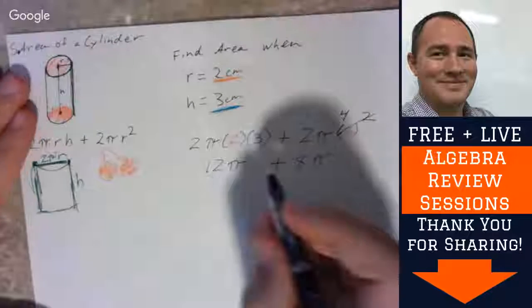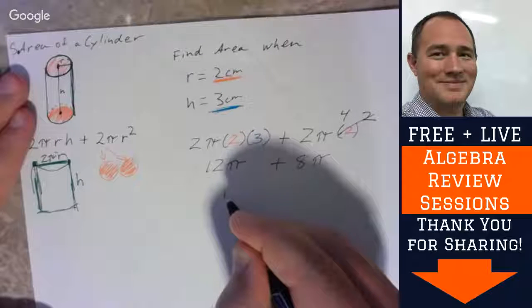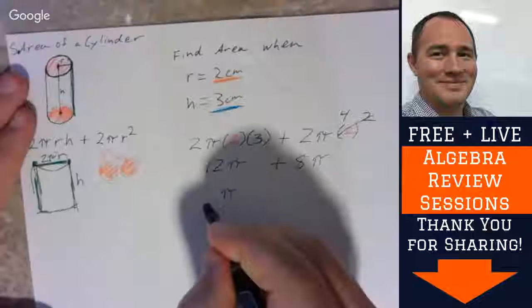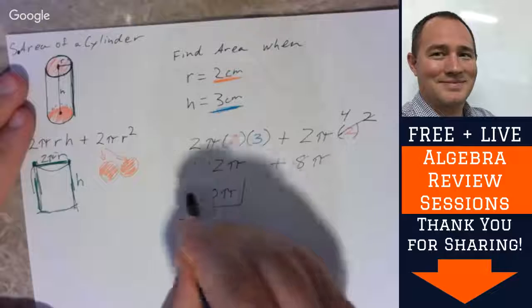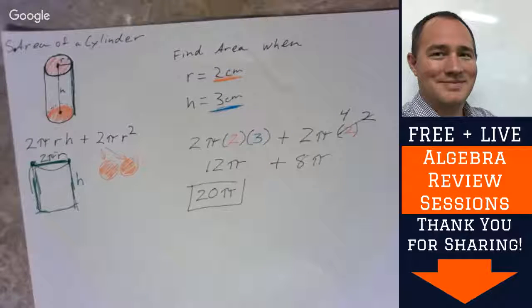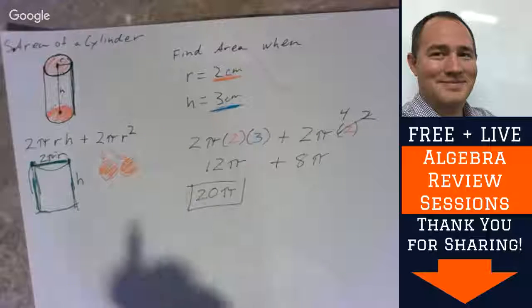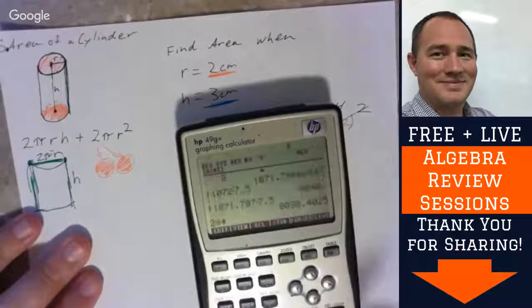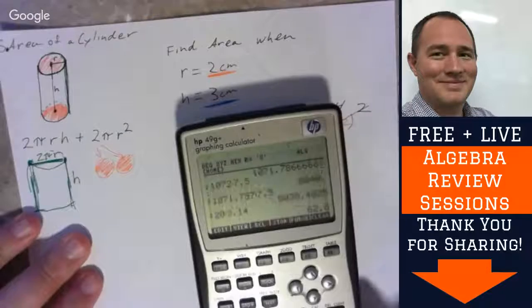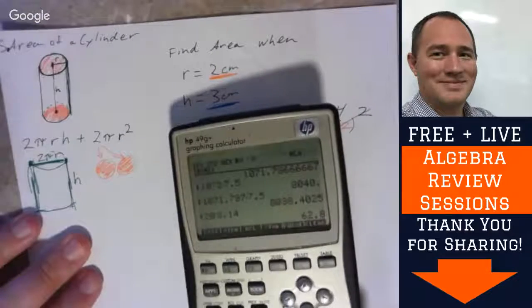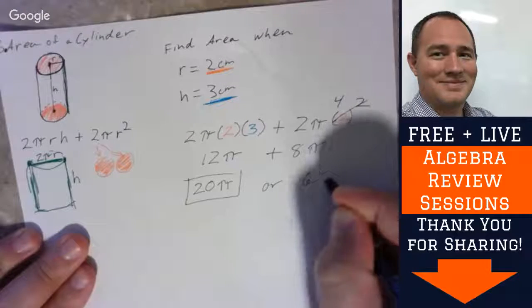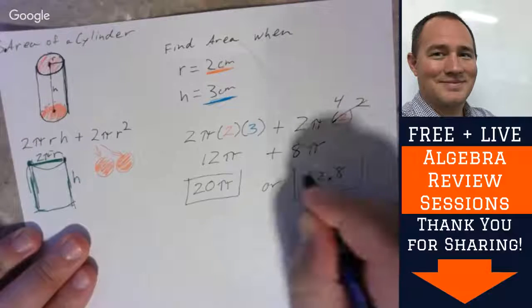Those go together and become how many pi's? 12 plus 8 is 20 pi. So if we wanted to leave it in terms of pi, we could do that. If it wanted us to round to the nearest decimal, we would multiply this by 3.14. Let's just do that for fun. So we could do 20 times 3.14, and we'd have 62.8. Either one.